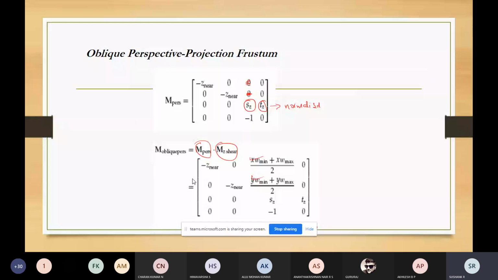It's a simplified version where you are joining the two matrices. This is the matrix. You just look into this matrix and see what all changes have been done.